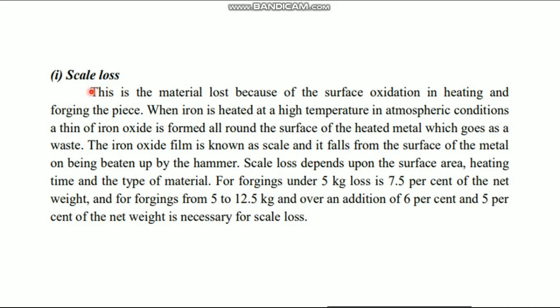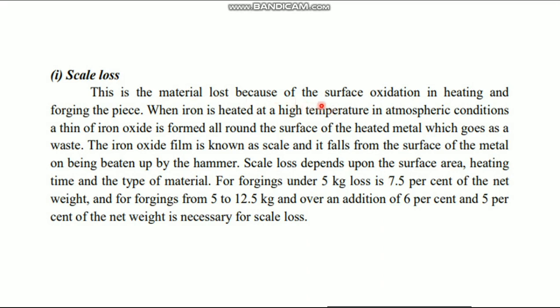Scale loss. When the material is at high temperature, the oxygen available in the atmosphere reacts with the high temperature material, so oxidation takes place. Because of the oxidation, some scale is formed at the surface of the material.